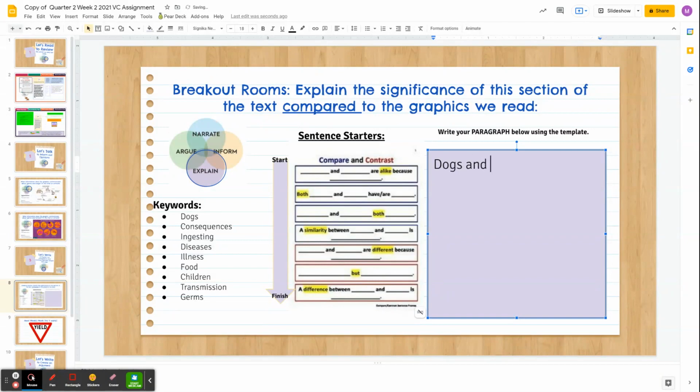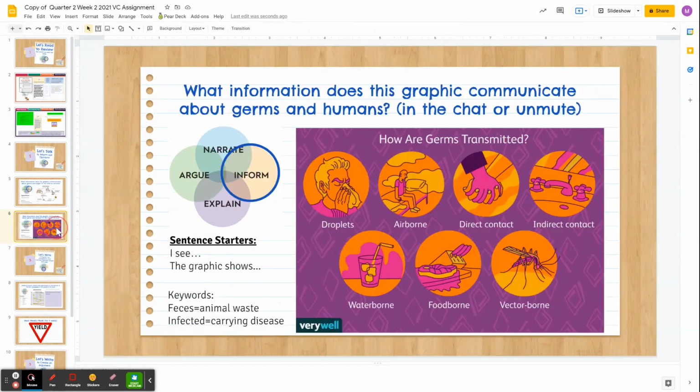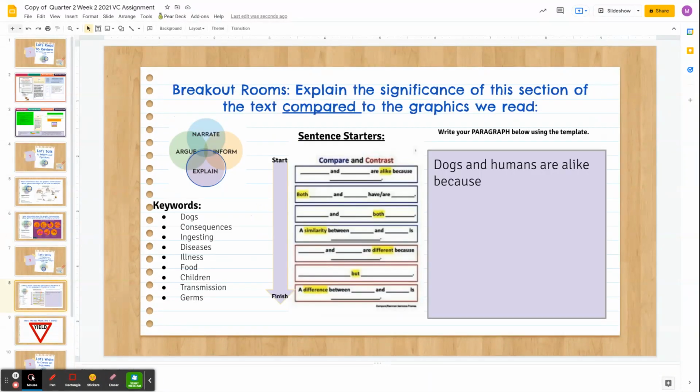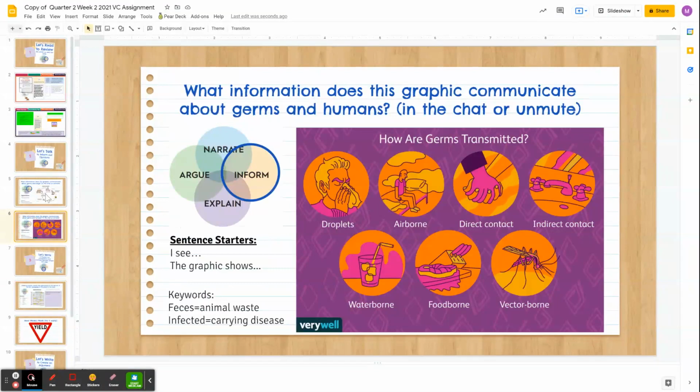Dogs and humans are alike because, and then looking at this slide right here and this slide right here, I'm going to be able to create that comparison, that similarity. How are dogs and humans alike? So I got to use these two slides frequently and go back to them because as you can see, it's circled here in blue.